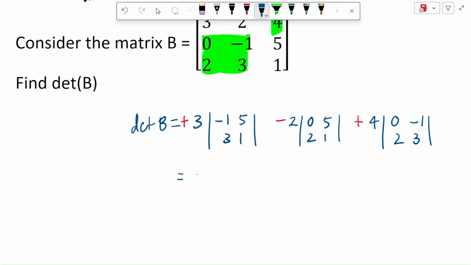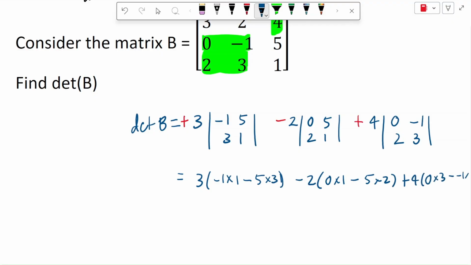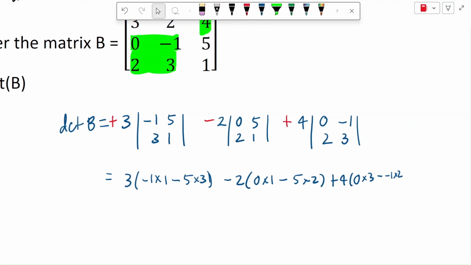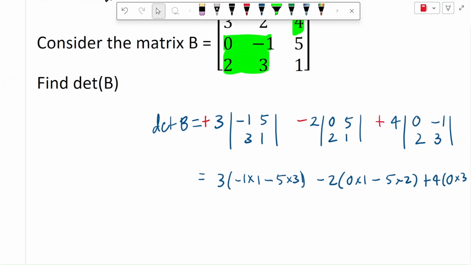Now we just need to work out each determinant. So this is 3 lots of minus 1 times 1, take 5 times 3. Then this is minus 2 lots of 0 times 1, take 5 times 2. And then plus 4 lots of 0 times 3, take minus 1 times 2. Okay, so now that we've got all that, we can work out what these determinants actually are.